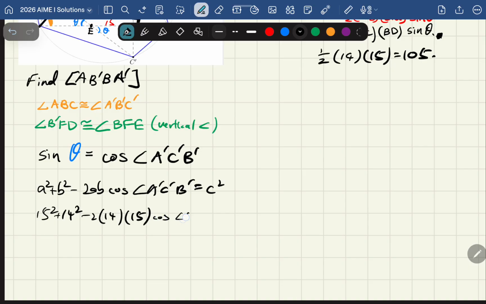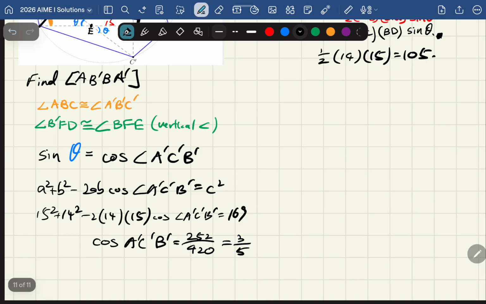So 225 plus 196 is 421, minus this, 252, okay. And then this is 30 times 14, 420. Cosine of angle A prime C prime B prime is this divided by 420, which is 3/5.